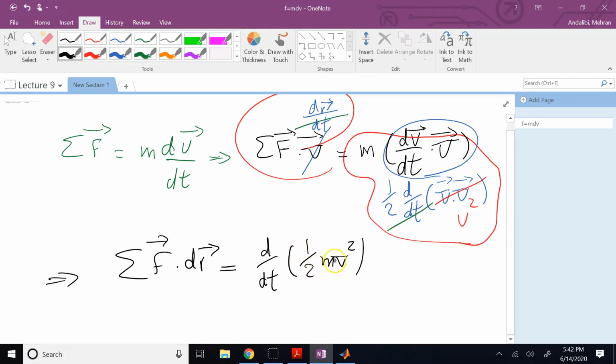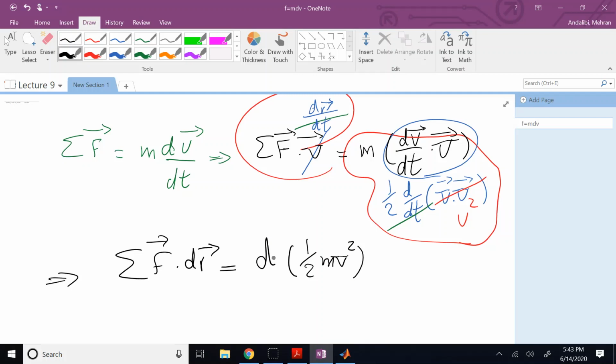Because 1/2 m is constant, it can come out of the derivative. And actually it's not d over dt, it's just d, because dt is cancelled already. So that's this one. Okay, so this is what I get.